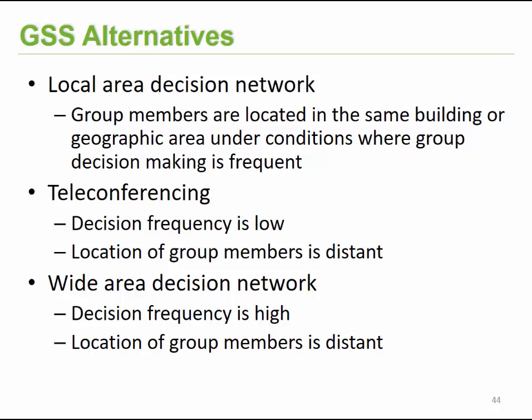So we might have people in one city and some in other cities, and they still need to contribute and come to various conclusions. With wide area decision networks, we typically find that our decision frequency is high, but our members are still distant. So the main thing between these different types of systems is whether it's local or distant, and whether it's a high frequency of decisions or low frequency of decisions.